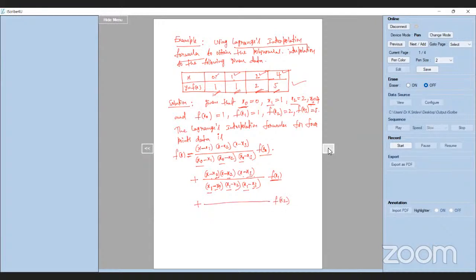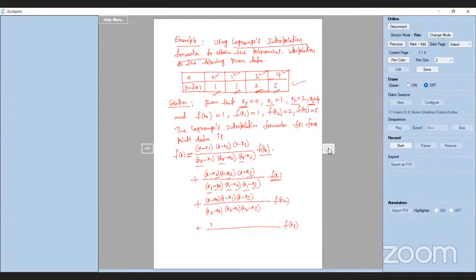f of x2. x2 and f of x2. So what is the formula, ma'am? x minus x0, x minus x1, x minus x3. In the denominator, x2 minus x0, x2 minus x1, x2 minus x3. Is it right? Yes, madam. Next, what is the next term? It is related to x3 and f of x3.